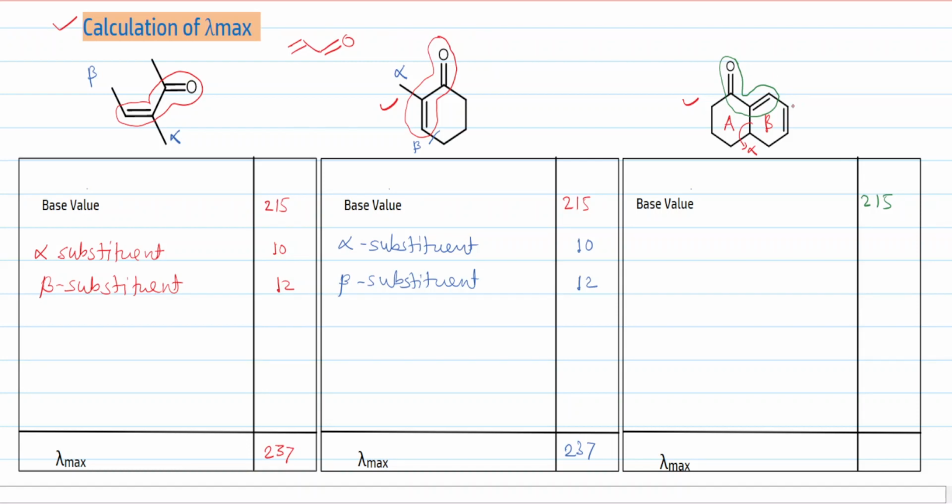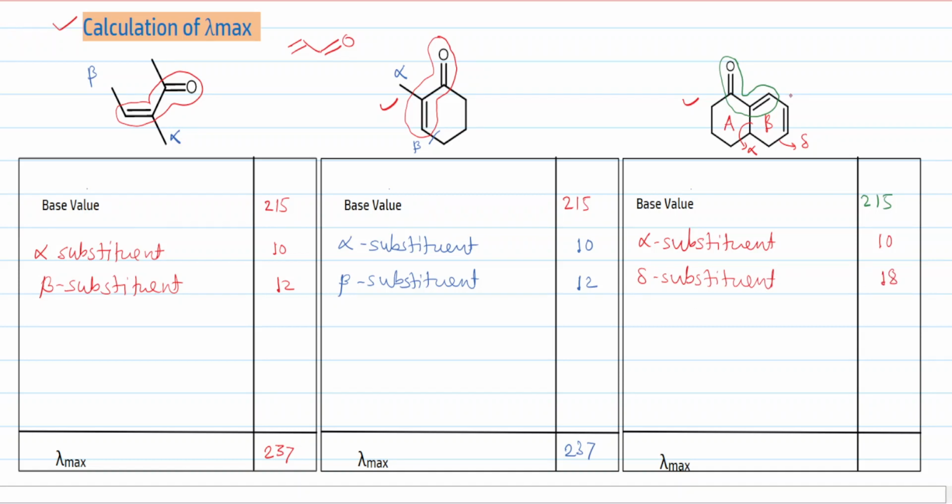Here no beta, no gamma, but there is a presence of delta substituent. So here we can write one alpha substituent, and it is a ring residue, so the value is 10. Then a delta substituent; for delta substituent, the value is 18.